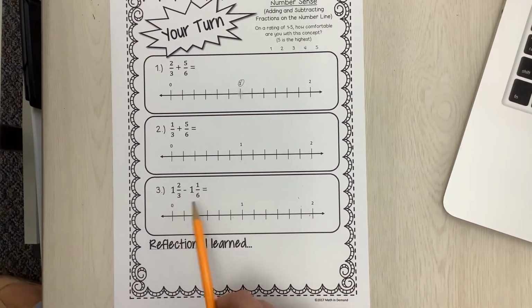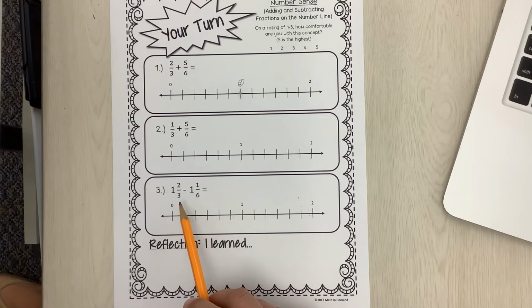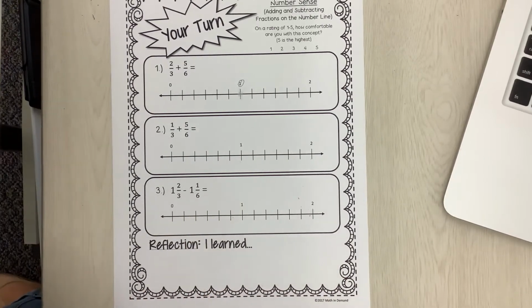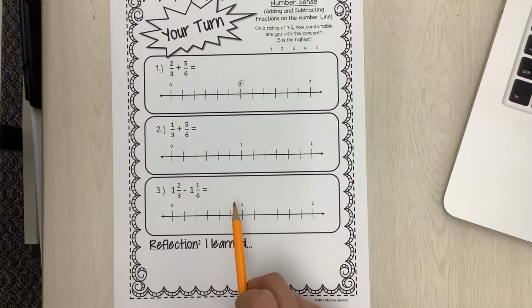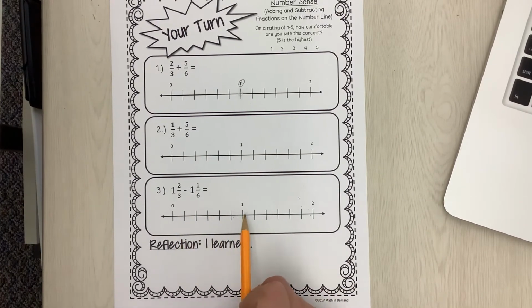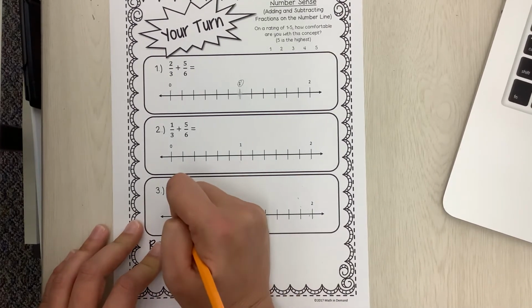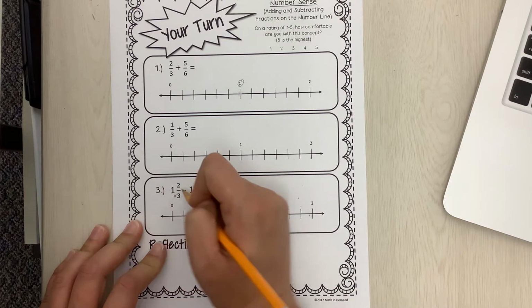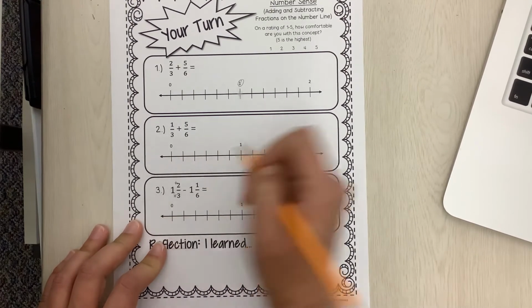Number 3, this is something new for us, but you've learned this before in previous years. These are mixed numbers. So for mixed numbers, you have to first turn them into improper fractions before you can do your problem. So again, you can make your hills, no worries, okay? But the way that you do this is you multiply the whole number with the denominator, and then you add the numerator.